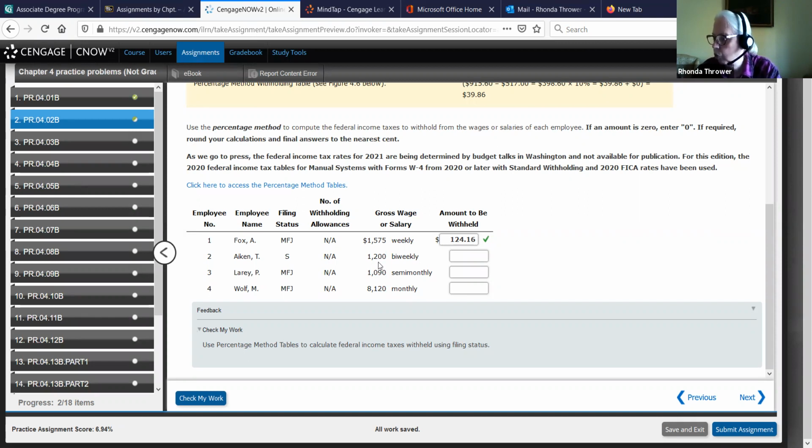The amount of the gross wages is $1,200. Write it down. Write down that they are biweekly. This employee is biweekly. That's important. Remember, we're going to go to the percentage tables and we're going to look for the biweekly amount.